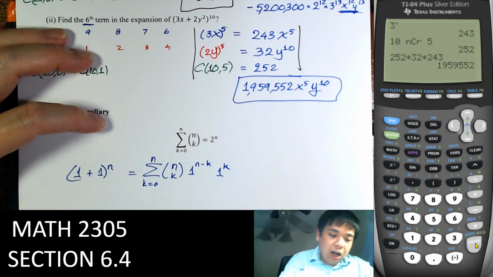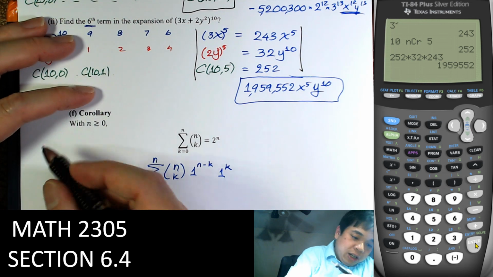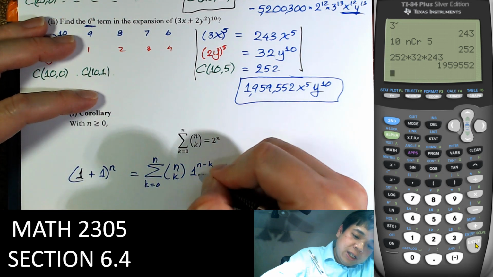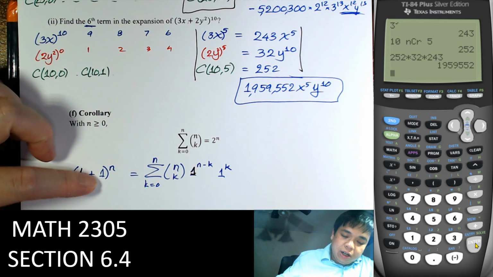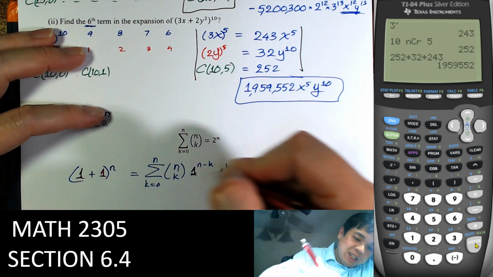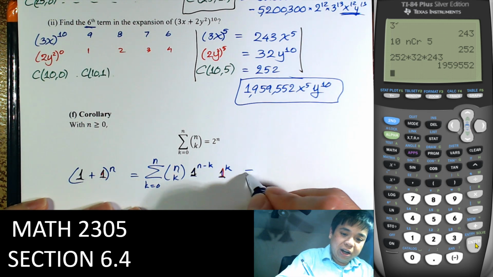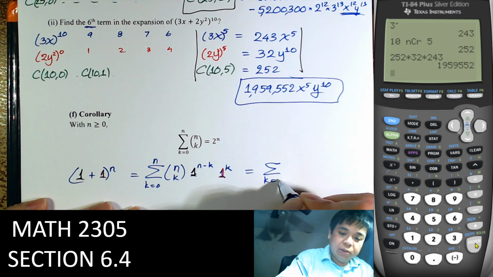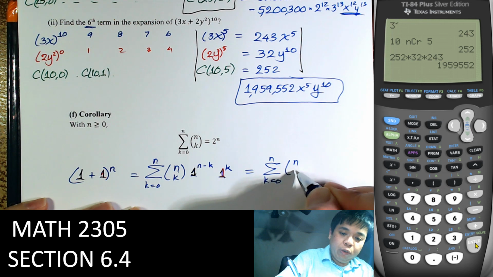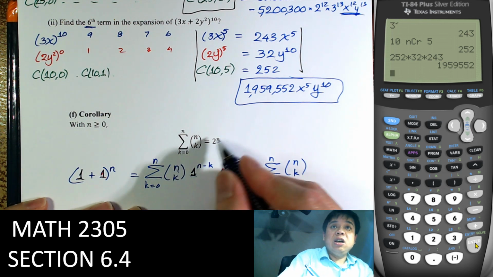Since 1 raised to any power is 1, that breaks down to just the sum of all the binomial coefficients being a power of 2.